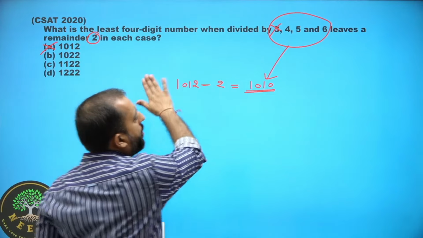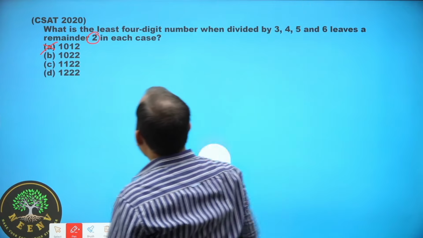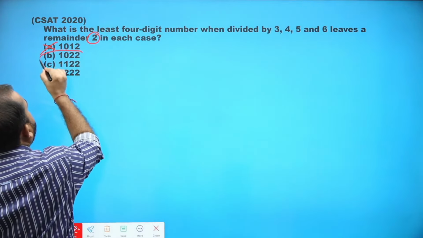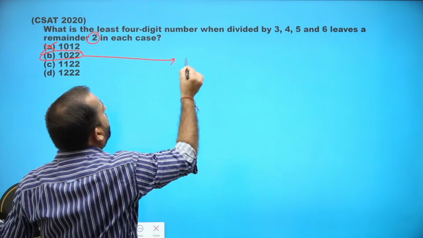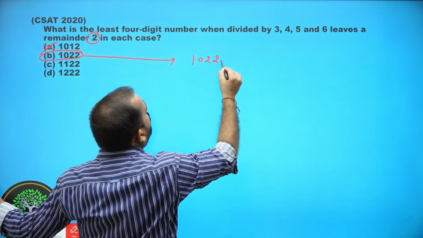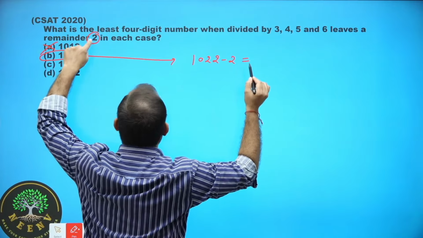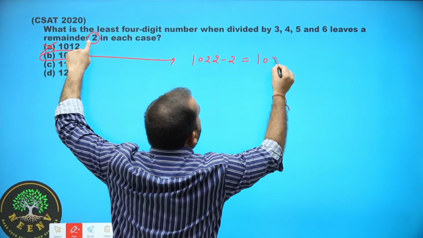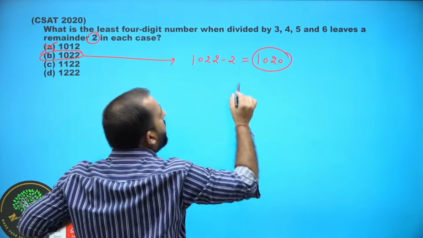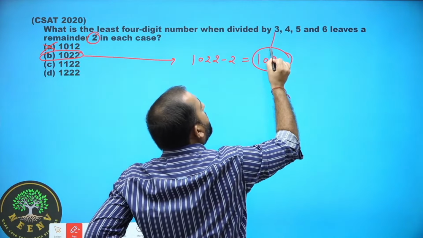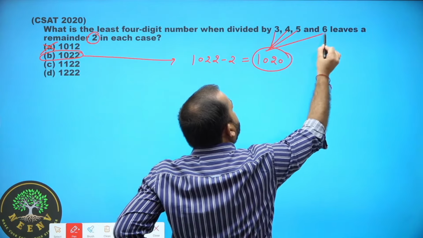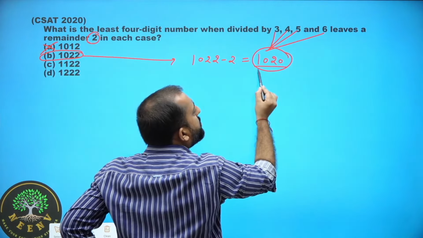Okay, now let's talk about option B. If option B is the right choice, then we subtract 2 from it. Why? Because remainder obtained is 2, so the final value obtained must be divisible by 3, by 4, by 5, by 6. See, this number is divisible by 3.